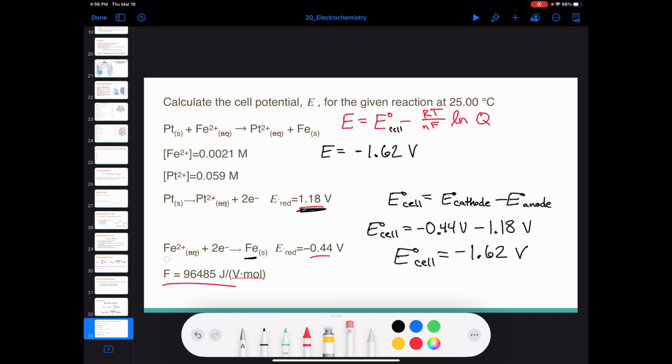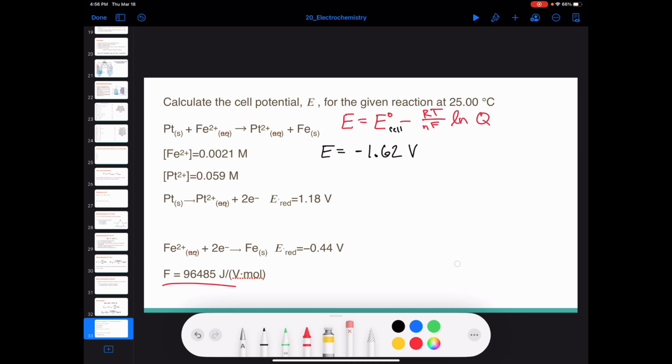We can go ahead and erase all of this stuff because we've already used it. Okay, and then what else do we have? Well, it's going to be negative R, which we said was 8.3145 joules per mole Kelvin. We've got T, which has to be in Kelvin, so that's 298 Kelvin.